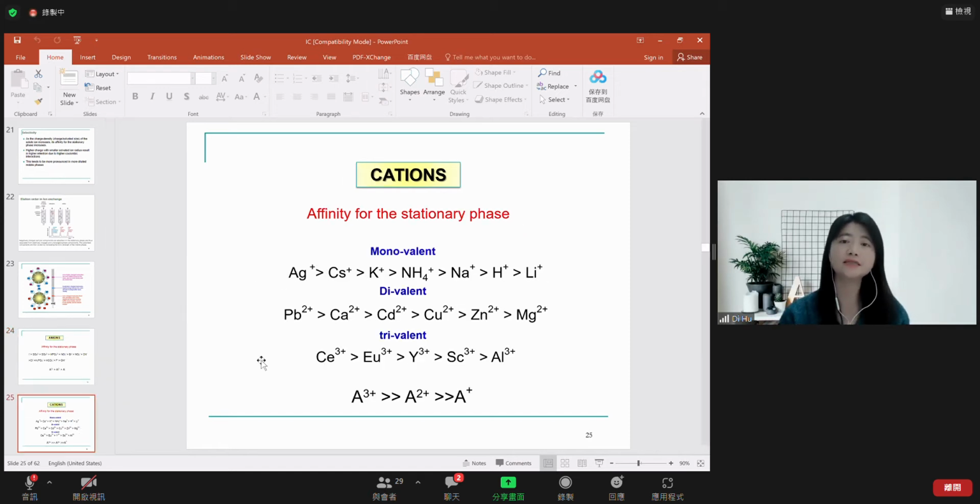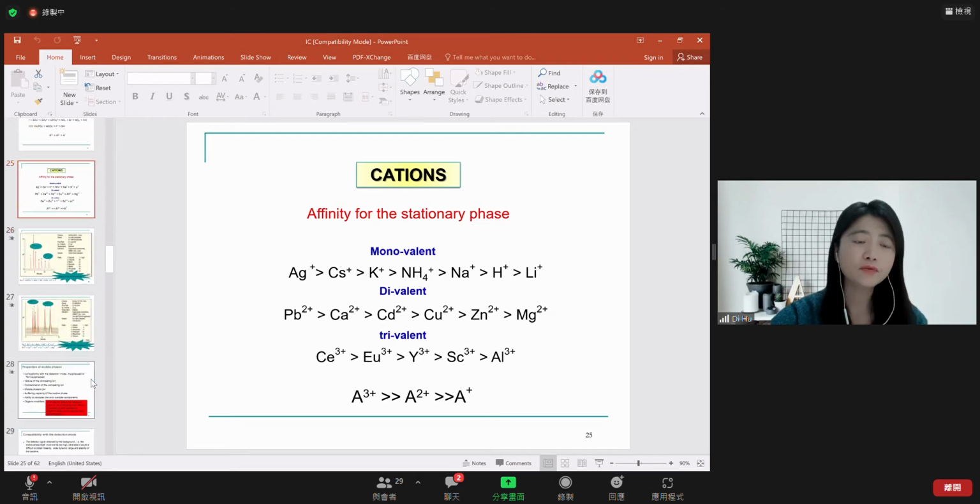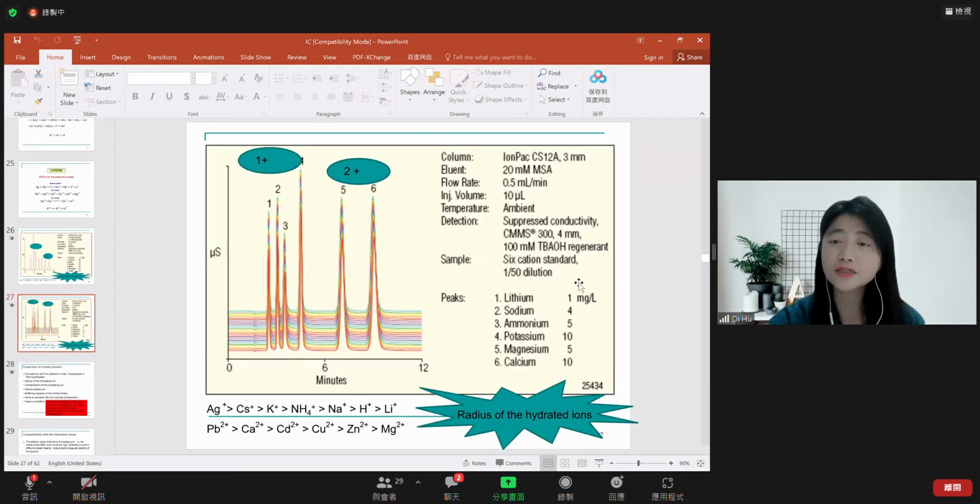For the cations, with trivalent, divalent and monovalent, the influence is even more significant. Those trivalent ones have much stronger affinity than divalent ones, and so on. So when we do the separation of these ions, you have to pay attention.